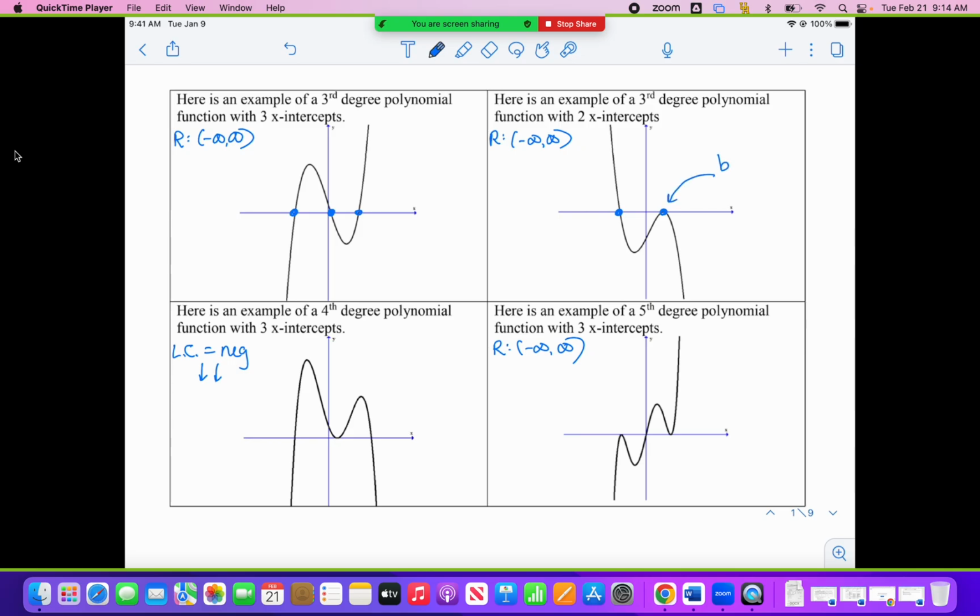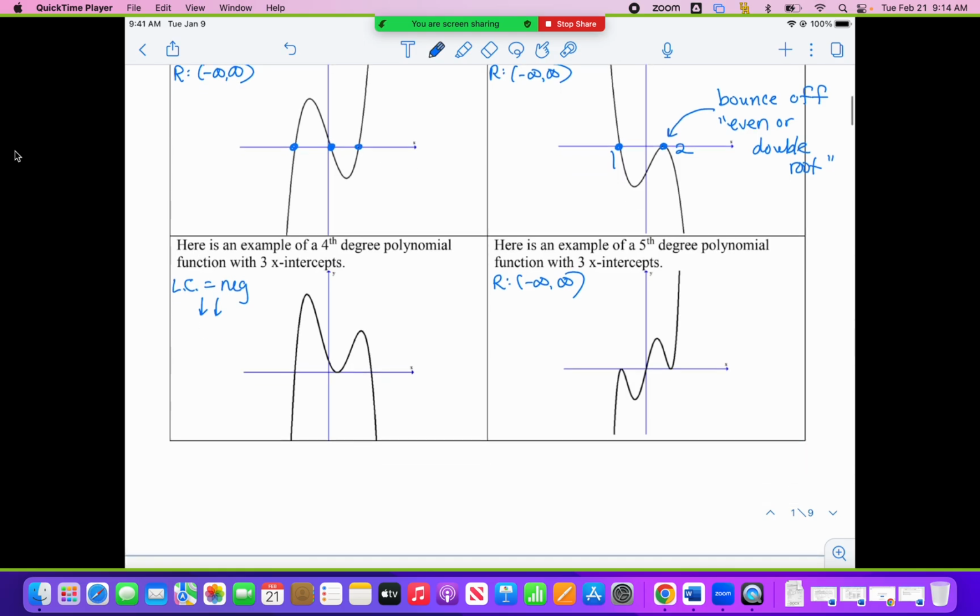When you have a bounce off, is an even or double root. So this is actually 1, and then there's 2 roots there when it's a bounce off.